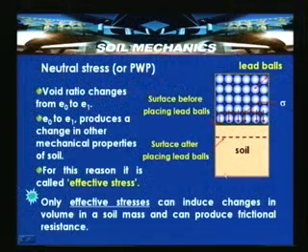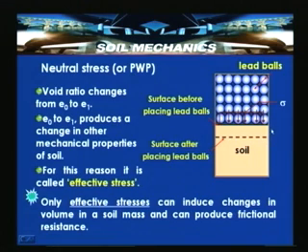Consider a soil mass of certain thickness, and assume this is the surface before placing lead balls. The lead balls are loaded on the soil mass in such a way that they induce a vertical stress sigma. The surface of the soil mass after placing lead balls has settled by a height h.